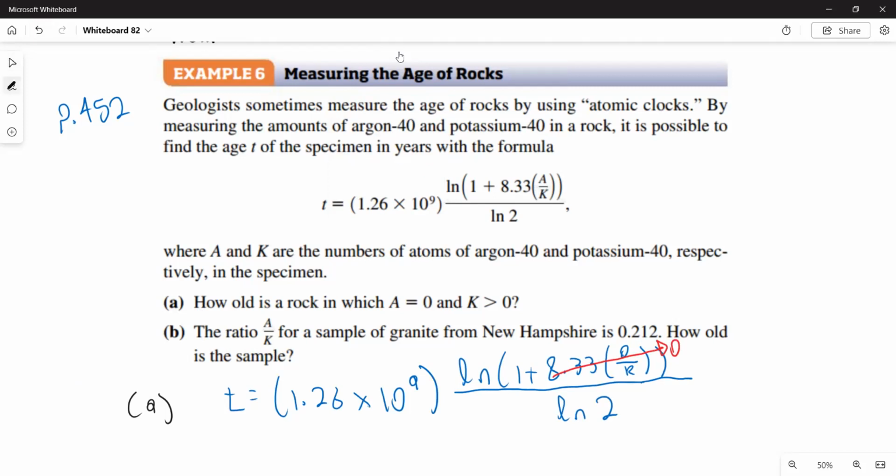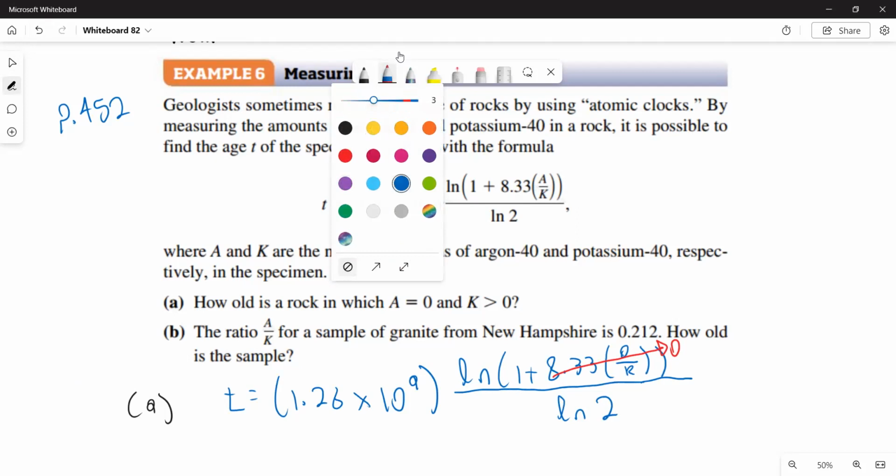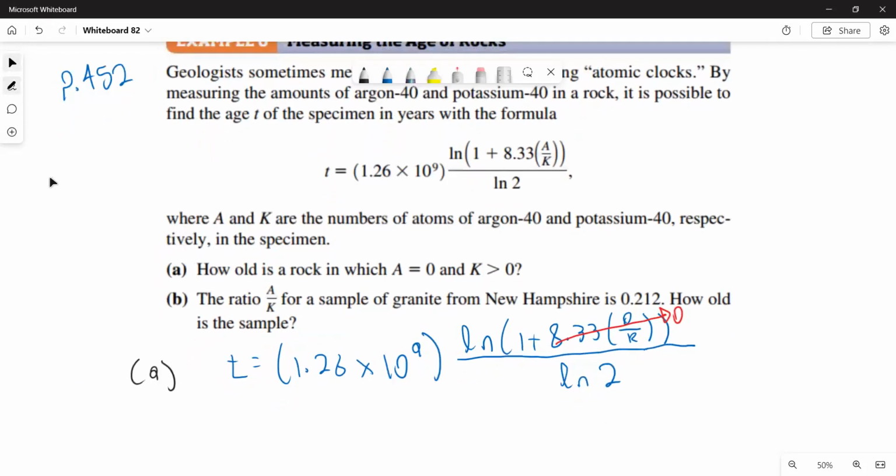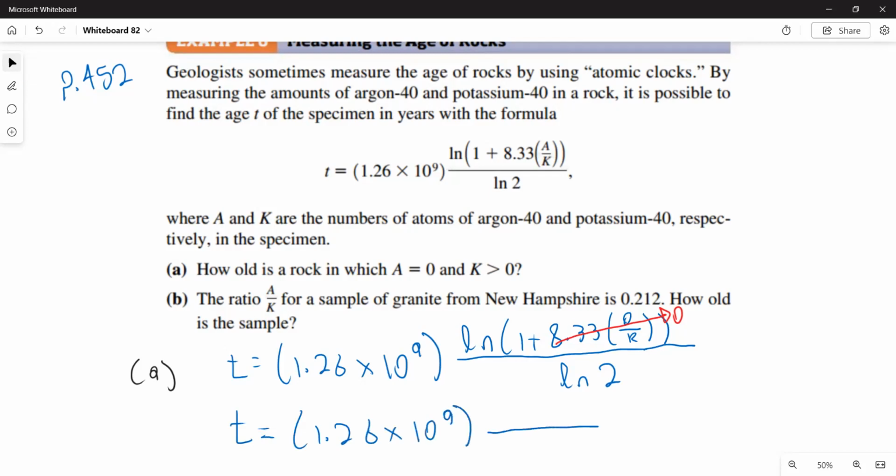And what we have is something with the natural logarithm of 1. So T, the time or the age of the rock, is 1.26 times 10 to the 9th times the natural logarithm of 1 over the natural logarithm of 2. But we know that the natural logarithm of 1 is also 0.